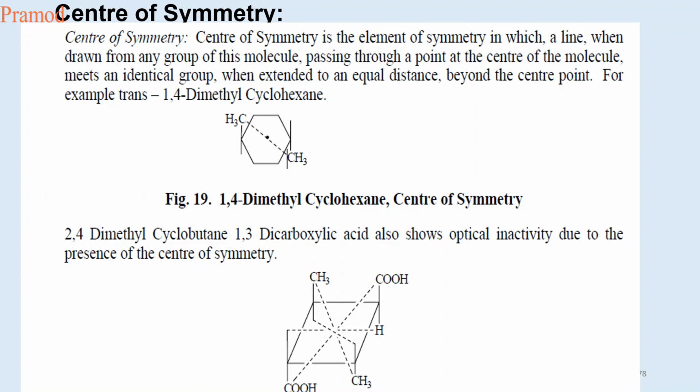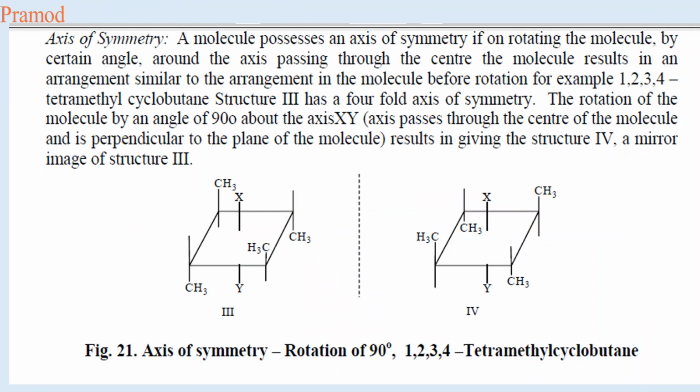They are equidistant from the center because cyclobutane is a square. So such a molecule possesses a center of symmetry, and the molecule is said to be optically inactive because of the center of symmetry.